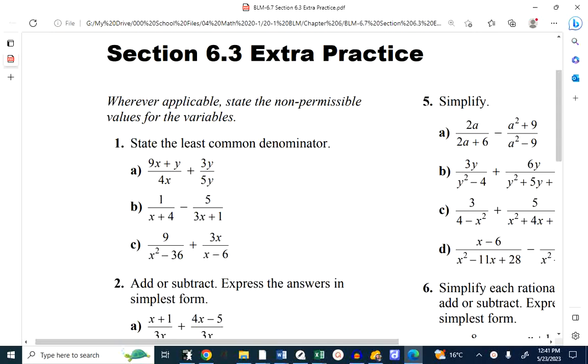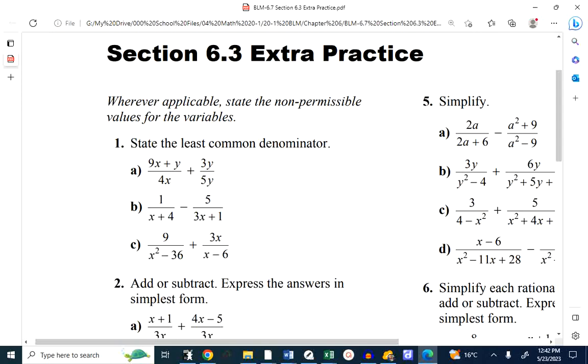When we are multiplying rational expressions, you basically factor and cancel. When you are dividing rational expressions, we use the rule that instead of dividing by a rational expression, you multiply by the reciprocal and you turn it into multiplication of rational expressions, which is really just simplifying a rational expression.